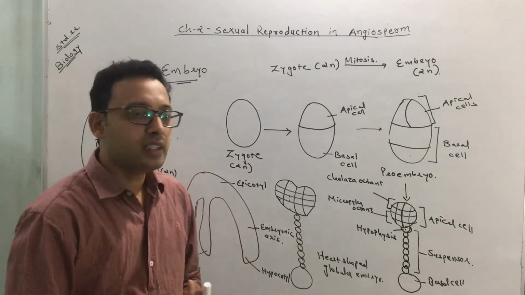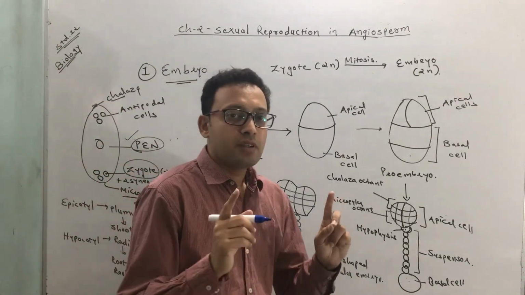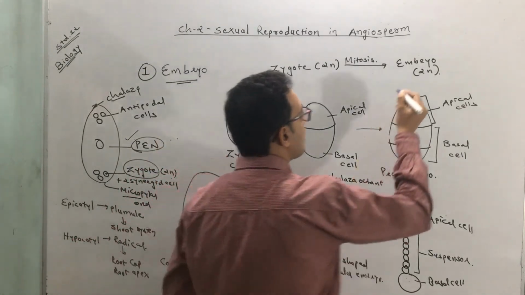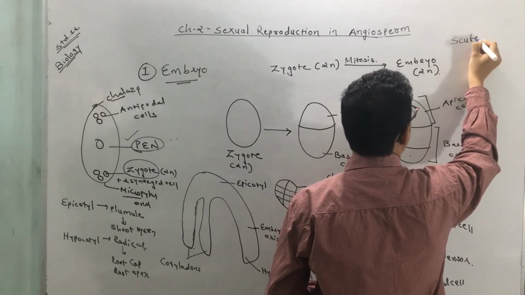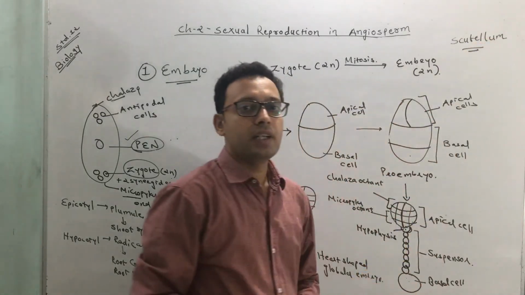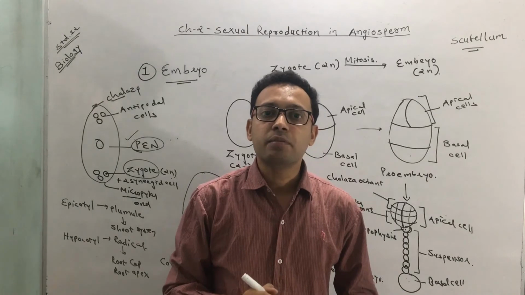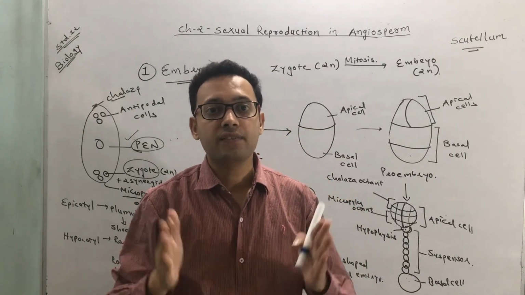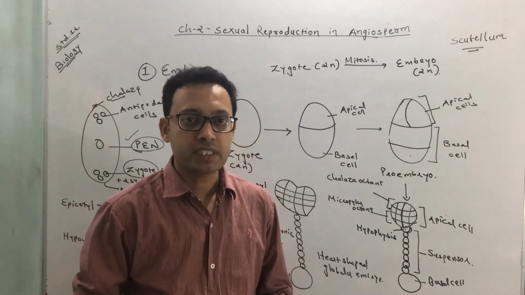Okay, but there is one difference in the terms. In a monocot seed, there is only 1 cotyledon, and that cotyledon is called, I am writing over here, scutellum. What is it called? Scutellum, the cotyledon of a monocot seed. It is a large shield-shaped cotyledon found in monocot seeds. We have also learned it in 11th science.